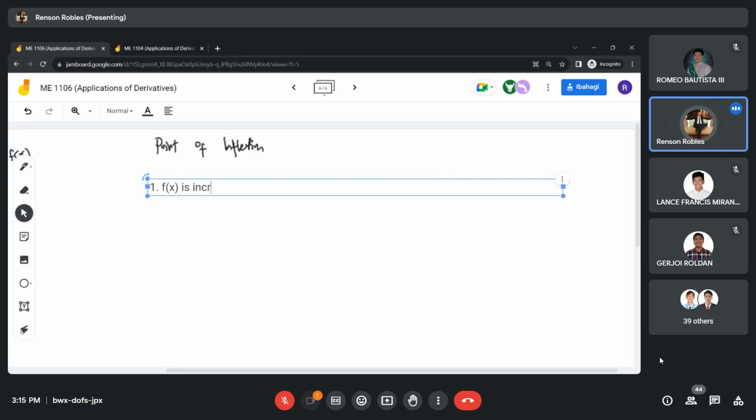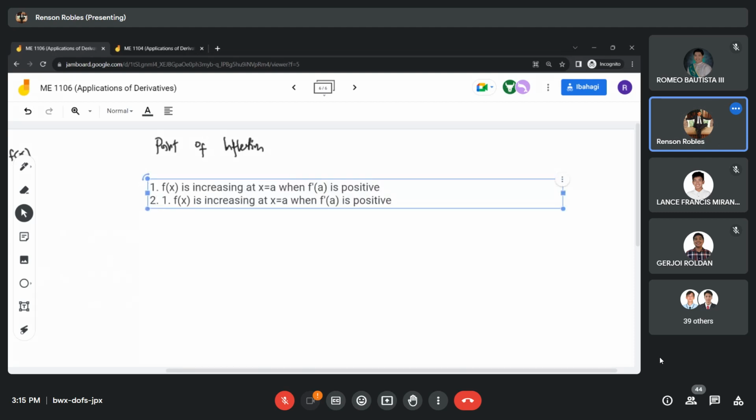F of x is increasing at x equals a when f prime at a is positive, and it is decreasing. F of x is decreasing at x equals a when f prime of a is negative.